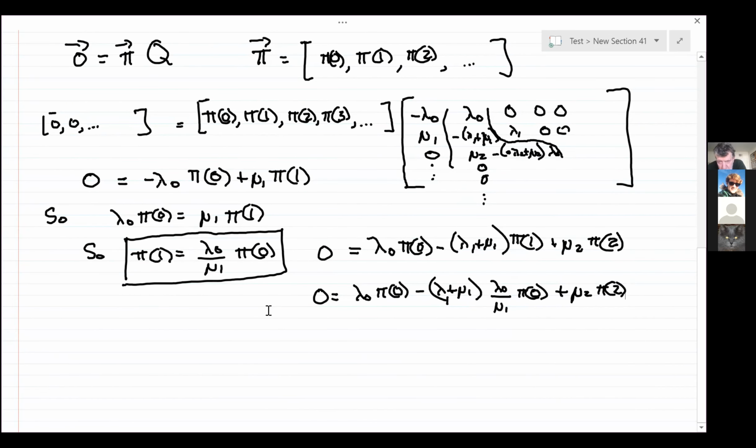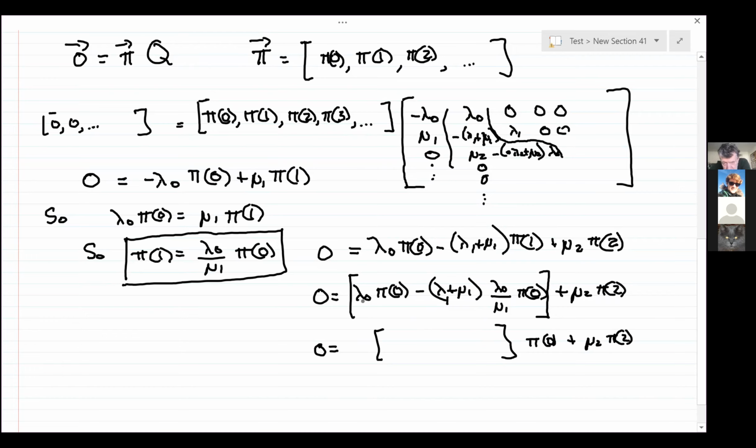Now what we can do is concentrate on the first two terms of this. And what we see is that both of the terms in here have a constant term of pi0. So we can rewrite this equation as something times pi0 plus mu2 times pi2. Okay, now what's left in here?